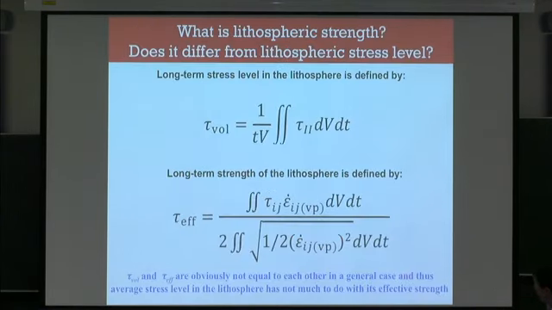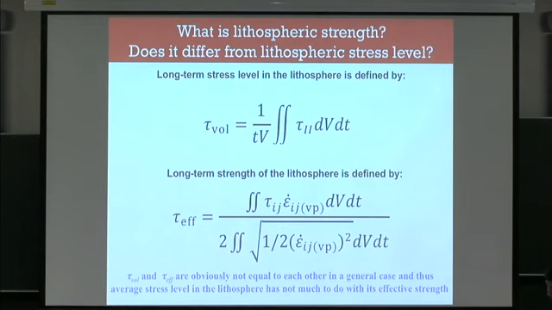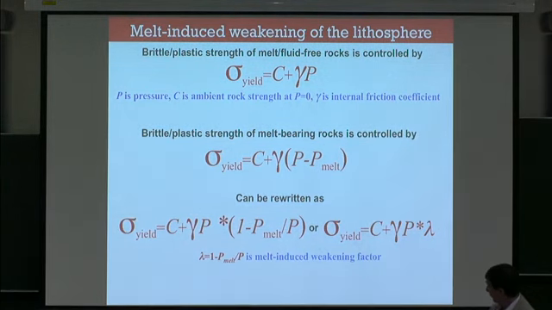But in fact, if we go to these two equations, what this equation is telling us is that the strength of the lithosphere, and lambda as a function of this strength, is not a time average quantity, it's a strain average quantity.